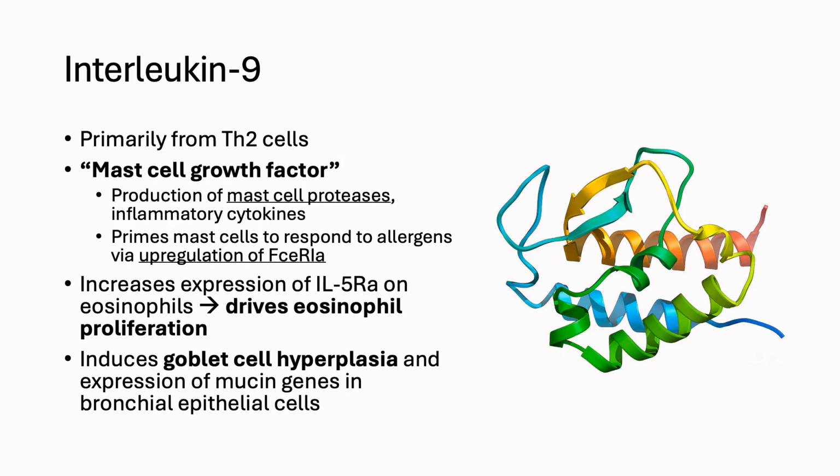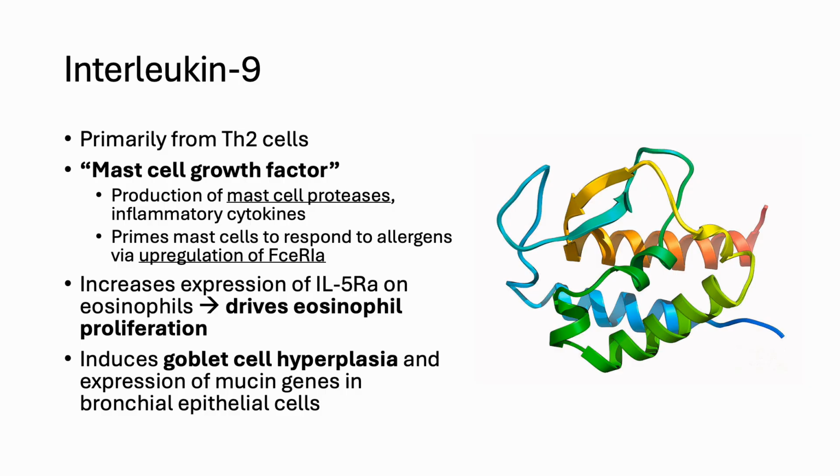Now, IL-9, this is going to come primarily from Th2 cells, so that's another way in which they're directly related. And this is called the mast cell growth factor, colloquially. So this stimulates production of mast cell proteases, which, if you recall, include tryptase, chymase, and also primes these mast cells to respond to allergens by upregulating the Fc epsilon R1 receptor, which is the high affinity IgE receptor.